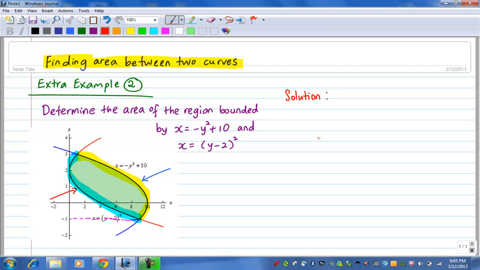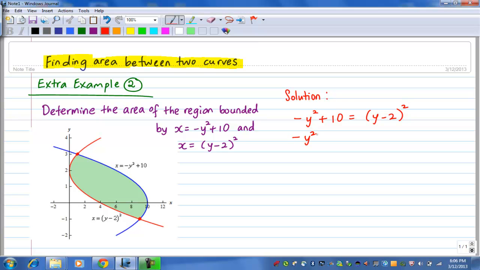However, before solving for the area, we need to identify the y coordinate of the intersection point. In other words, the lower limit of the integral and the upper limit of the integral. In other words, I need to find the y coordinate of these two intersection points. So to find the y coordinate, I allow the two graphs to intersect. Now I will have negative y squared plus 10 is equivalent to y minus 2 squared.